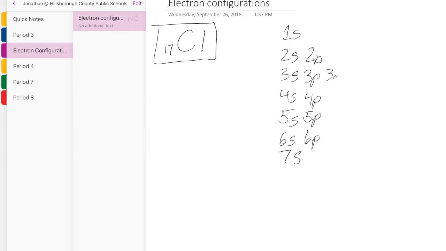So 3 has the d orbital. And then we're going to put 4d, 5d. We're going to stop there. And then we have 4f, 5f. Sorry, we also need to make sure that we have 7p and 6d. We need to make sure that we have those.